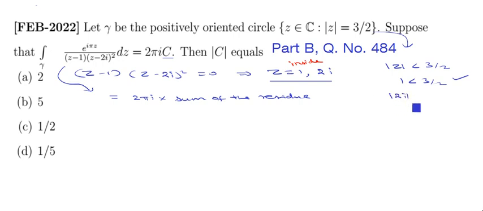Next we will check for 2i. Modulus of 2i is 2, that is root 4 is 2, which is less than 3 by 2. This is not satisfied, therefore this point lies outside.